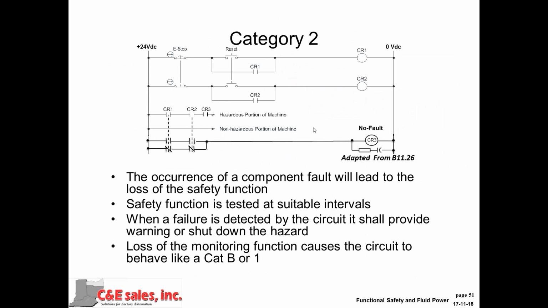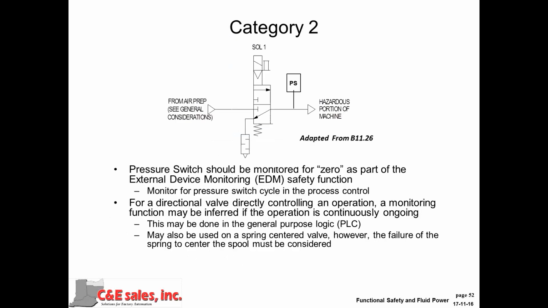There are relatively few good circuits that do that well. Category 2 is difficult to design and to get your value. The other problem is that if the failure occurs in the monitoring system, then you revert back to either a category 1 or a category B circuit, depending on the mean time to failure of your components.